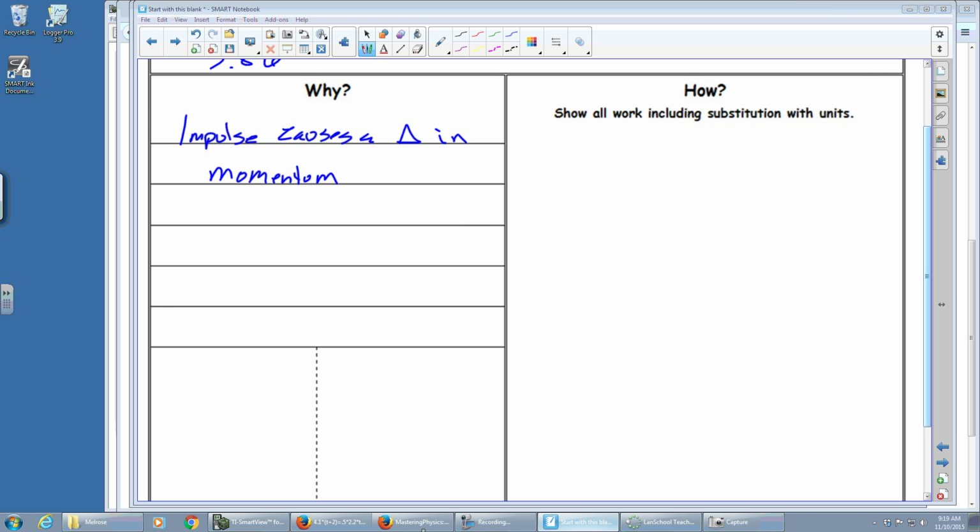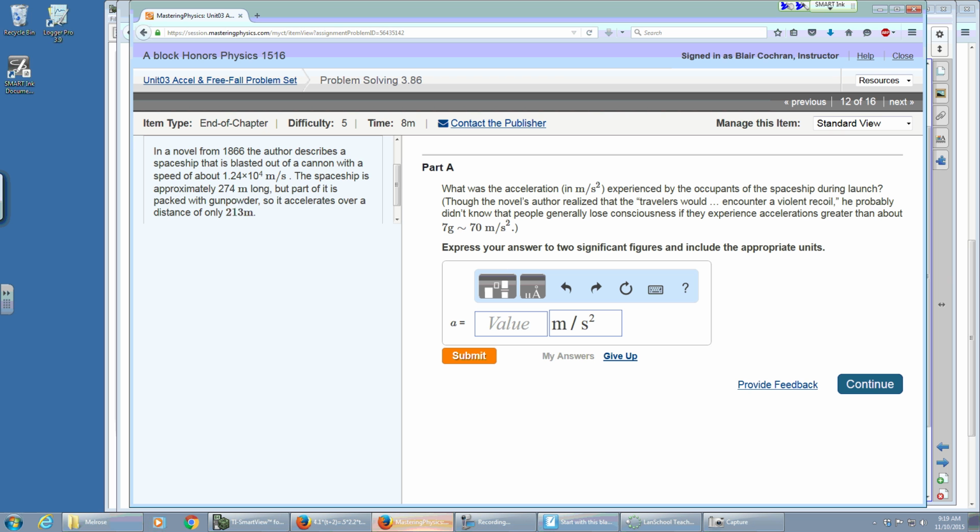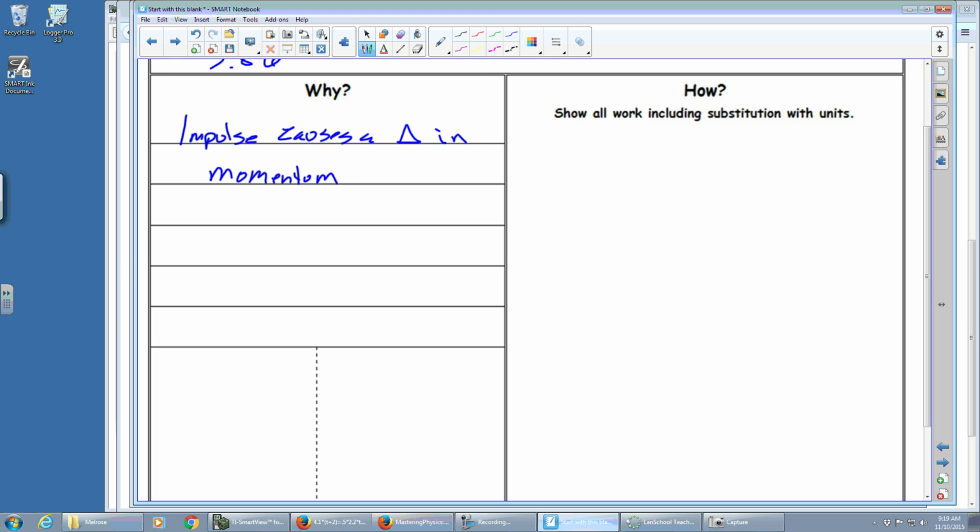I think that is where I'm going to start with this. Let's see. Actually, I'm not going to start there. Sorry. I'm going to back up off of that, because if we do it with impulse, we need to know the amount of time it spends in the barrel. And we don't know that.